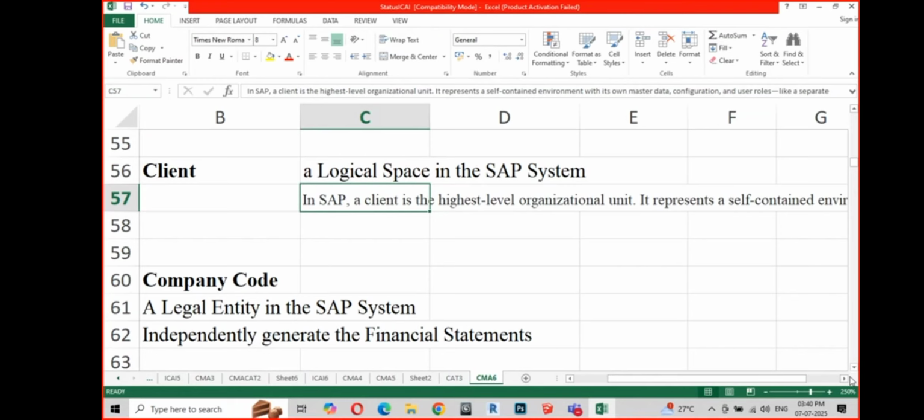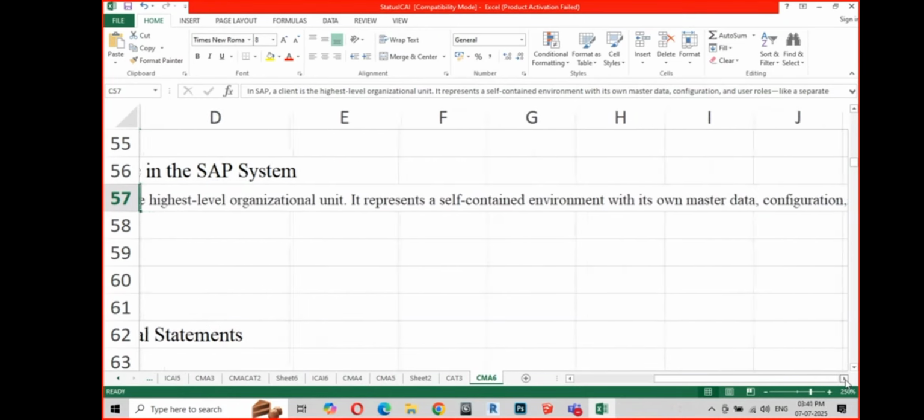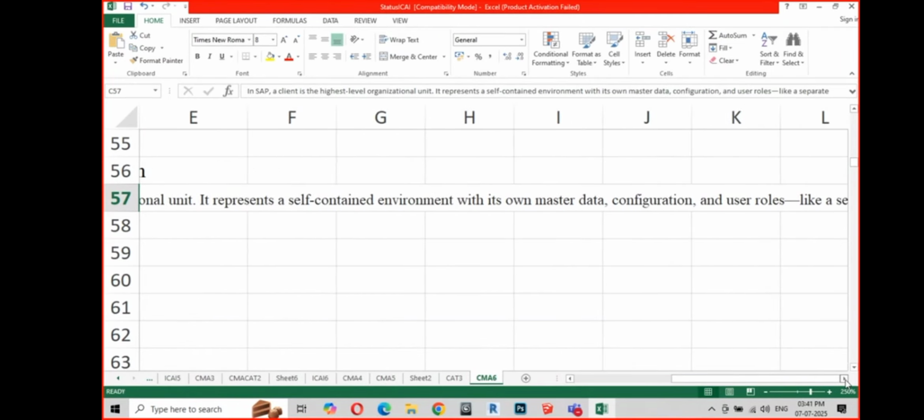Obviously, right? It represents a self-contained environment with its own master data, its configurations, and the user roles.